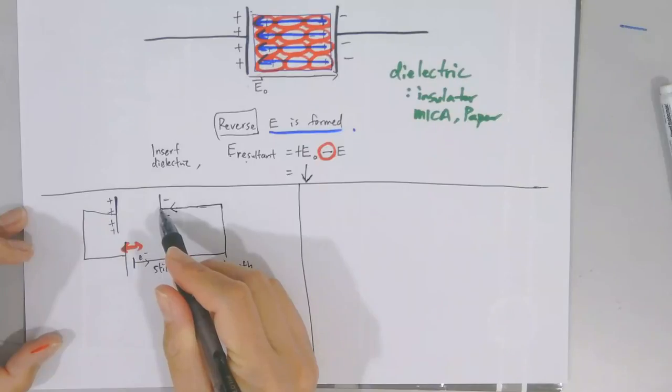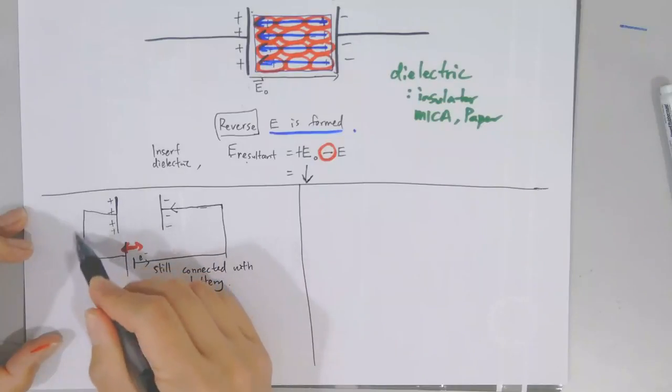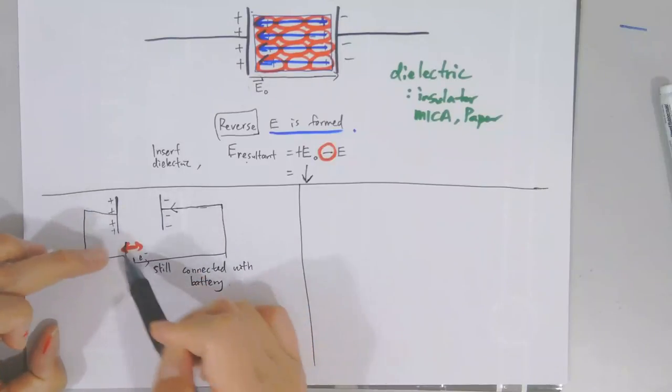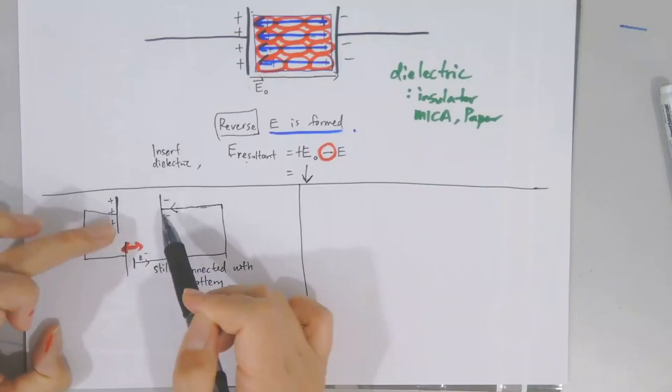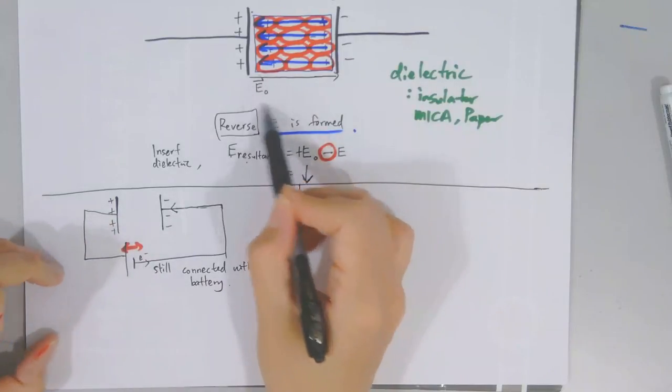Alright. Dan electron pada positive plate pula akan keluar daripada positive plate dan balik ke battery. So battery is able to supply back the electric field so that the value of electric field is maintained.